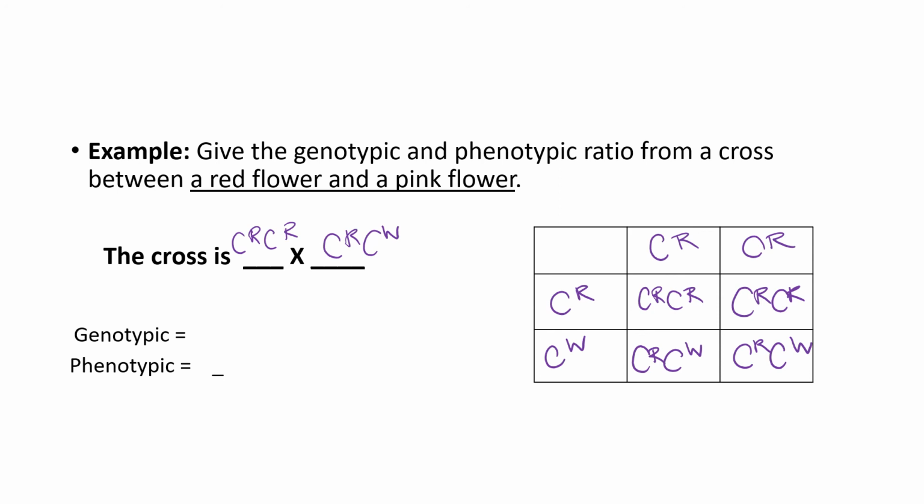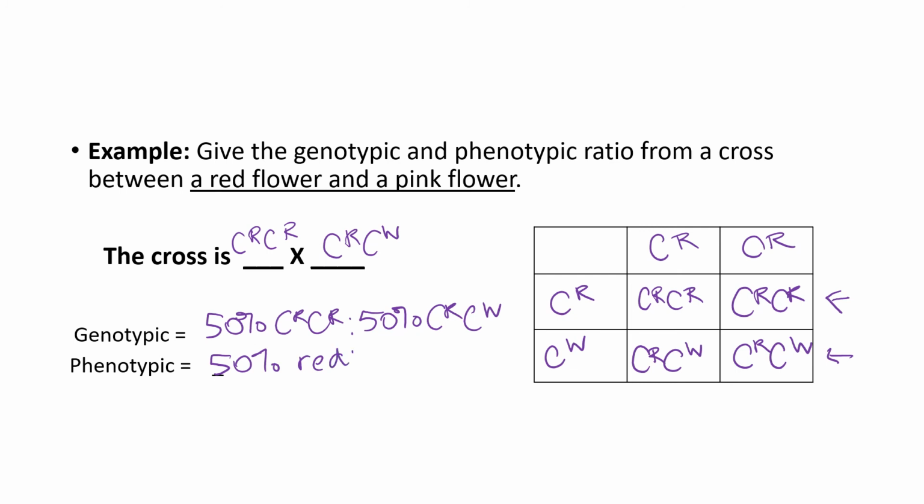If we look at the results, two are CR CR, and two are CR CW. So 50% are CR CR to 50% CR CW, which means 50% are red to 50% are pink.